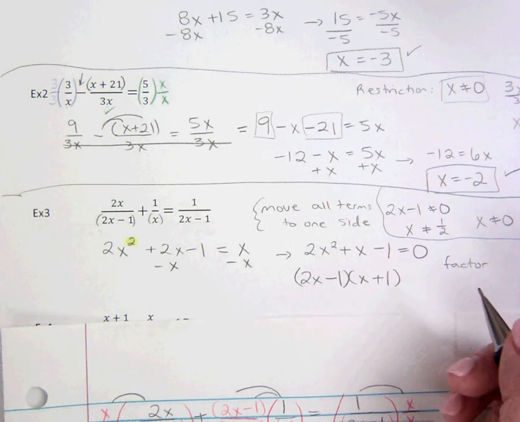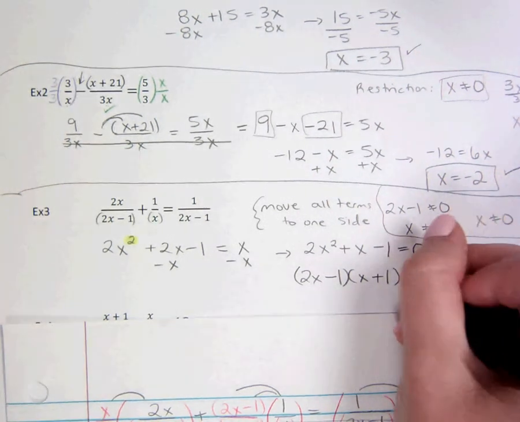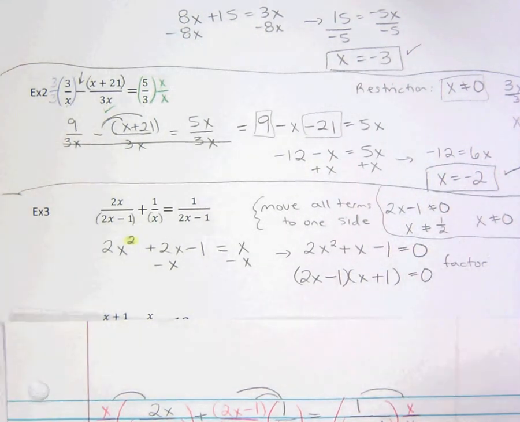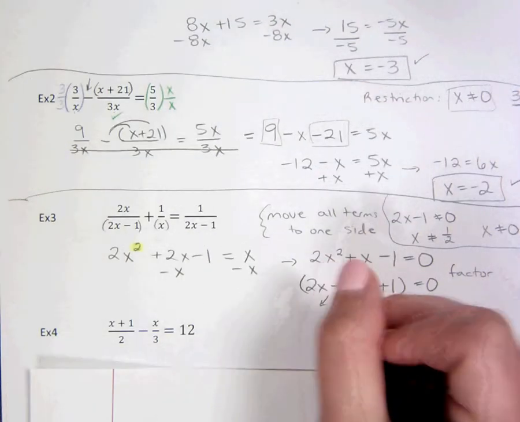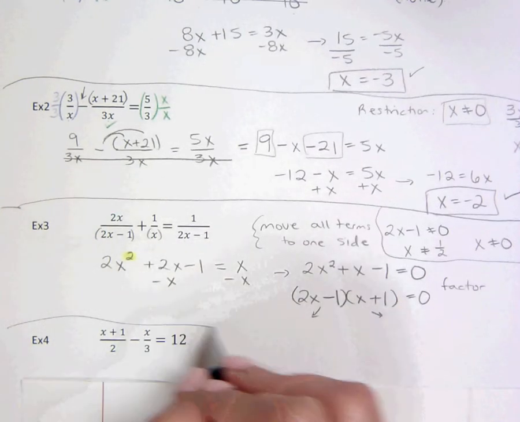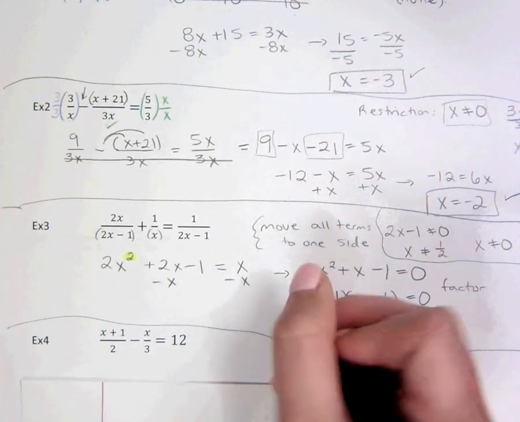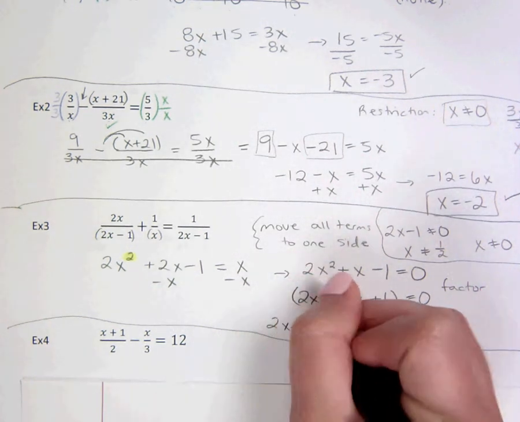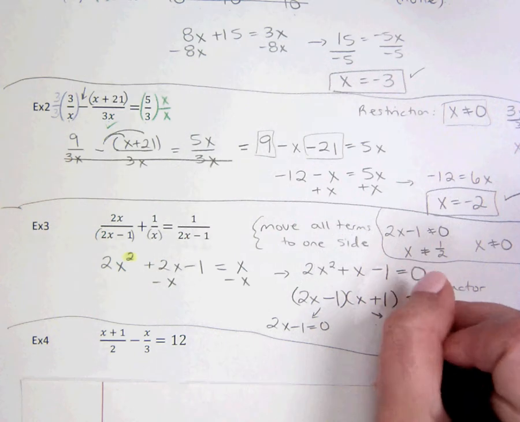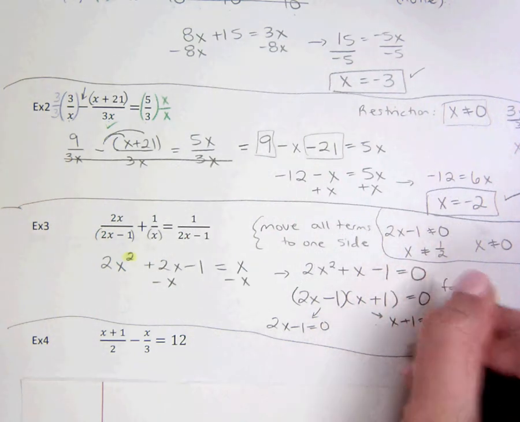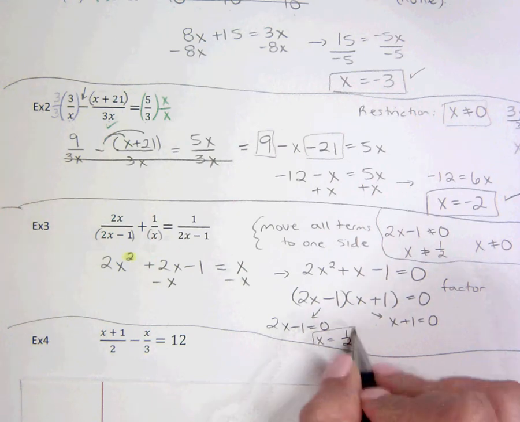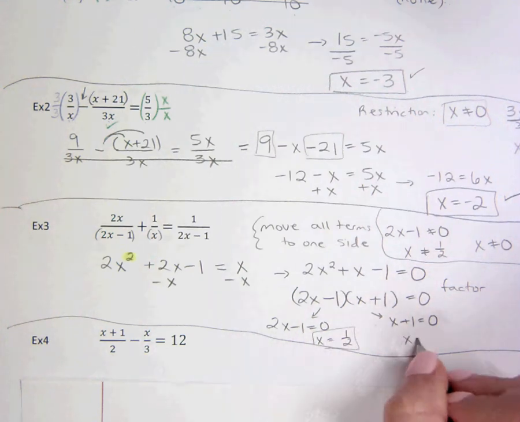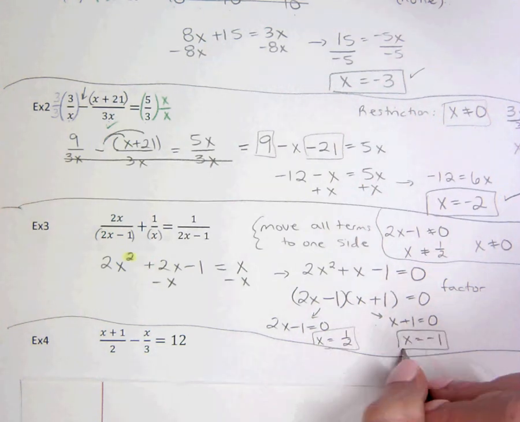So you want to get that thing factored. Still equals 0, and once you have it factored, you end up with two answers. I'm sorry I did not give you guys enough space here. 2x minus 1 equals 0, or x plus 1 equals 0. So your first answer is x equals 1/2, and your second answer is x equals -1.